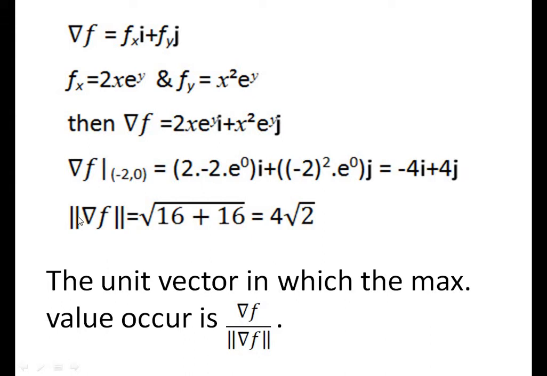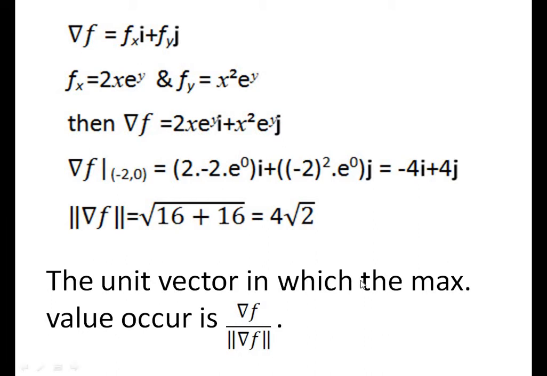Then we want to find the norm del f, which is the maximum value of the directional derivative, that is norm del f equal to square root of 16 plus 16, that's equal to 4 root 2.